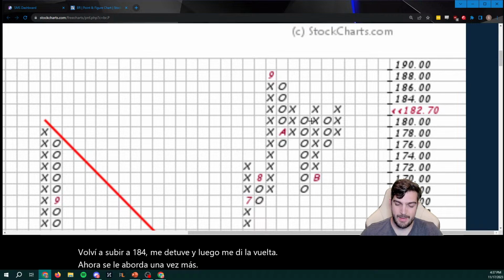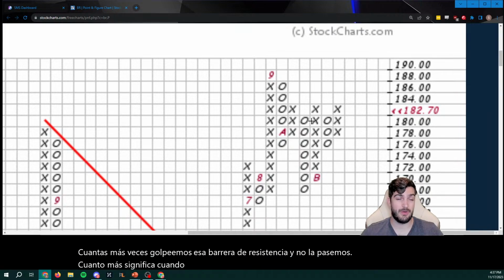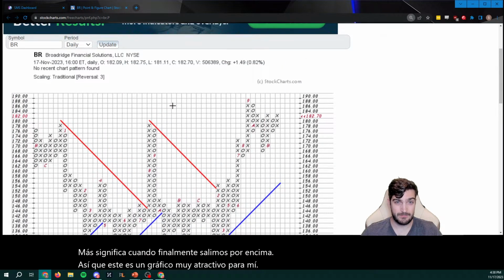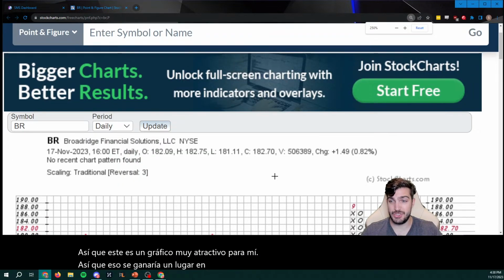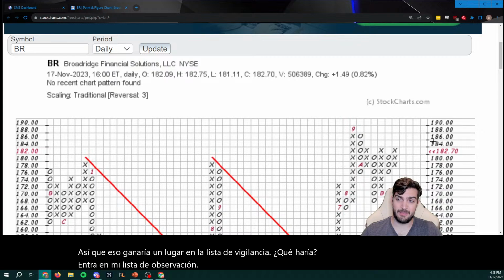The more times we hit that resistance barrier and don't pass it, the more it means when we finally break out above. So, this is a pretty cool looking chart to me. That would earn a spot on the watch list. What would I do? Go into my watch list, set a price alert for 184.